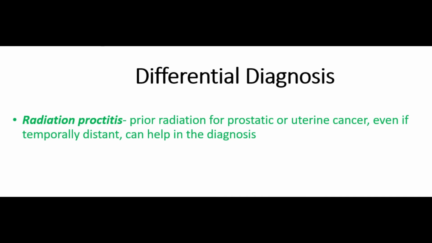Another differential diagnosis is radiation proctitis, and a prior history of radiation for prostatic or uterine cancer, even if temporally distant, can help in the diagnosis. So the differential for a case of colitis will be infective, ischemic, Crohn's, or radiation.